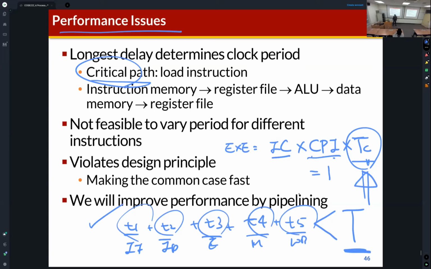So the single cycle processor has performance issues, and in order to improve the performance of this single cycle processor, computer architects have developed pipeline processing. So we will learn about the pipeline processor in class.